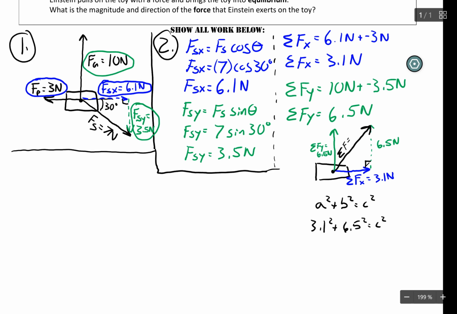We could have just started with this. c is equal to the square root of 3.1 squared plus 6.5 squared, and that is equal to 7.2 newtons. All right, so the net force is equal to 7.2 newtons.